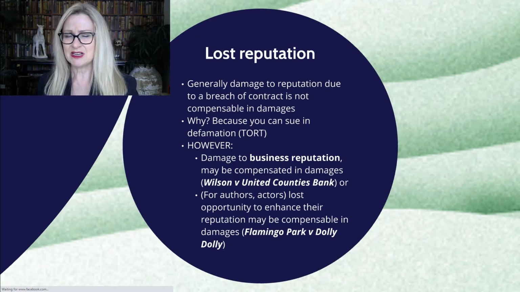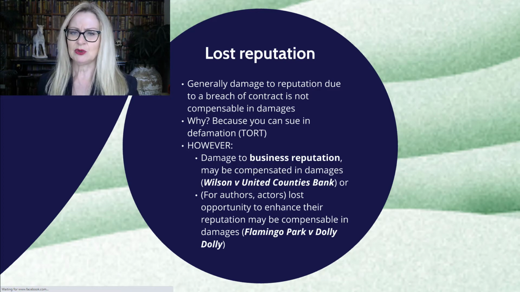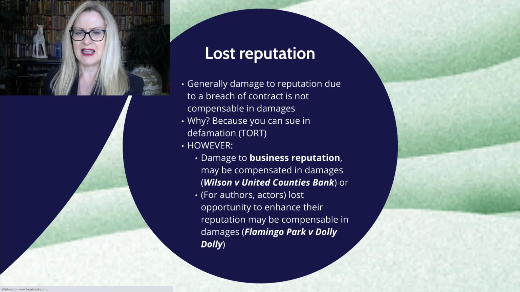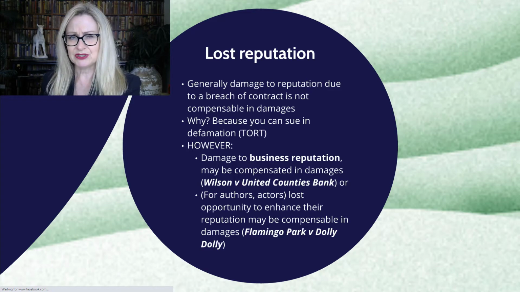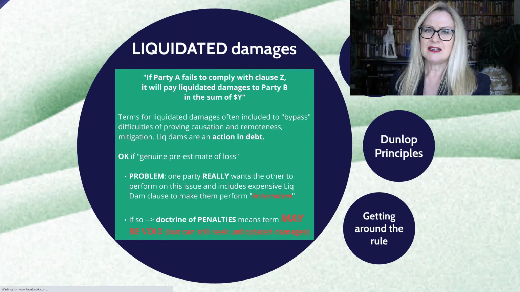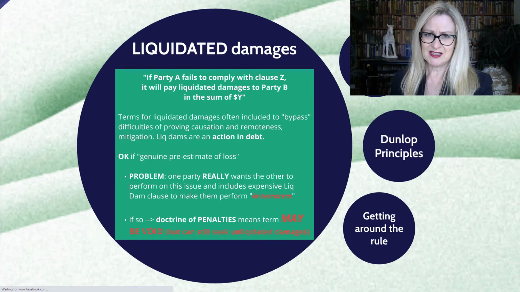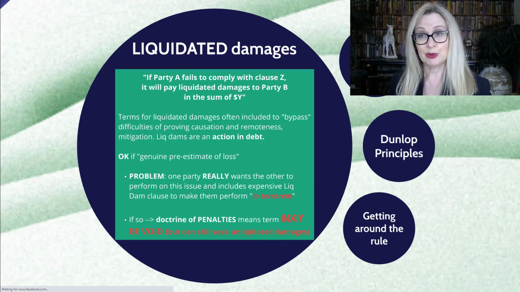Firstly, where there has been damage to business reputation, and secondly, for authors and actors where they've lost an opportunity to enhance their reputation. Go and have a look at the Wilson and United case and the Flamingo Park and Dolly Dolly case there. So that is damages for mental distress, and now we need to look at, very briefly, at the issue of liquidated damages.